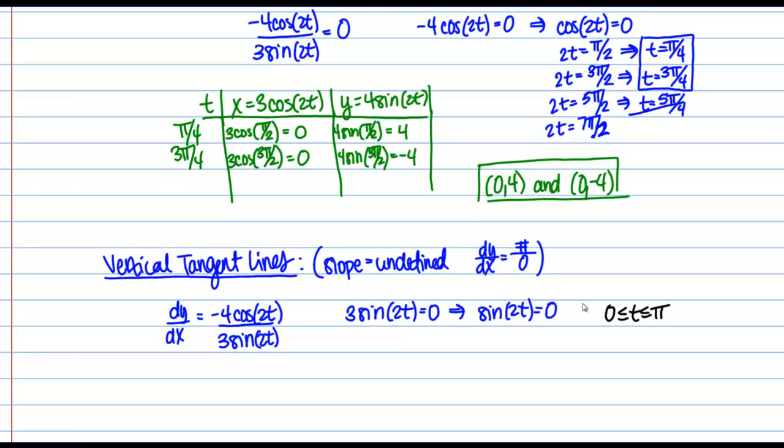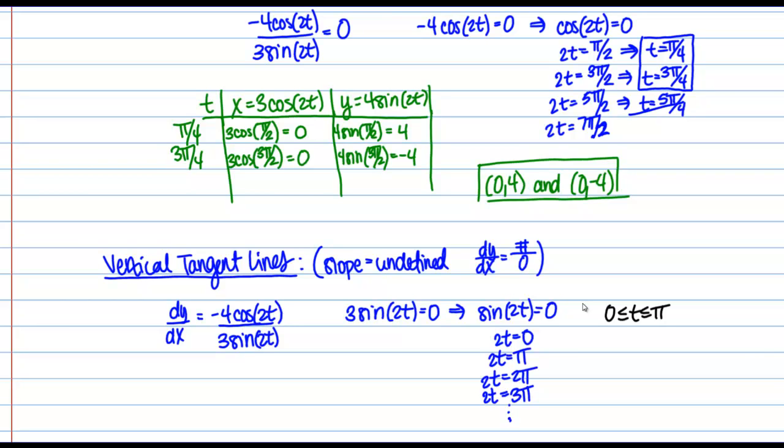So I know, first of all, that sine of 0 equals 0, so 2t equaling 0 would be an option. And then the next value would be pi. Sine of pi equals 0, so we could have 2t equals pi. We could have 2t equals 2 pi, right? Sine of 2 pi is 0. And so on, 2t equals 3 pi, and so on.